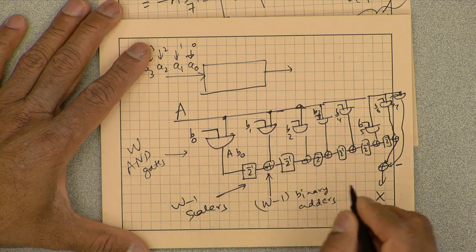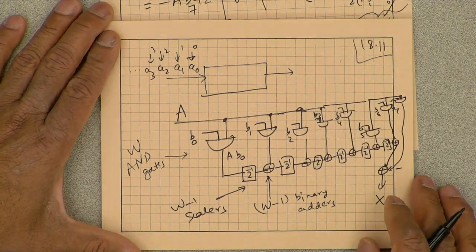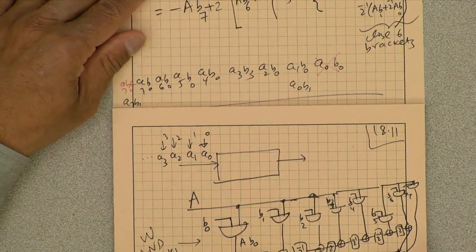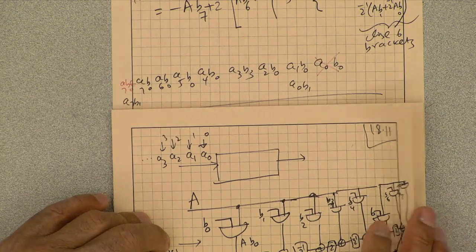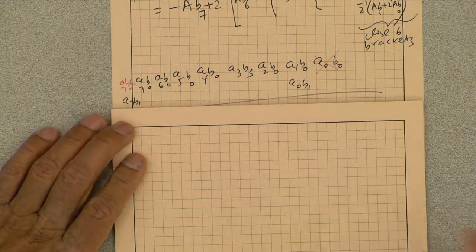Now what does really a scalar do? What is the purpose of a scalar? The scalar is an important element because what it does, it throws the LSB out and then sign extends the MSB.